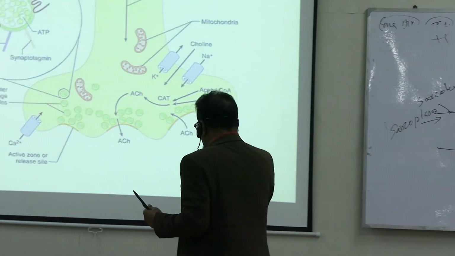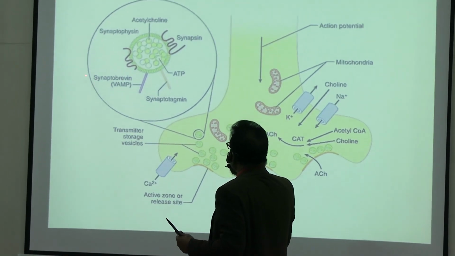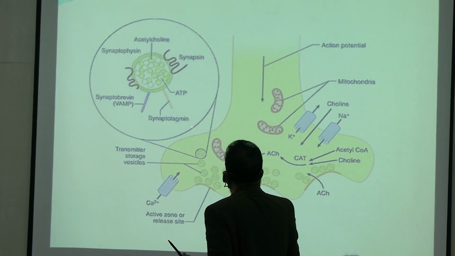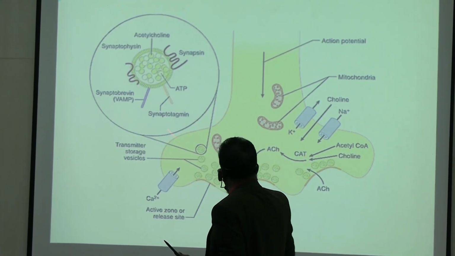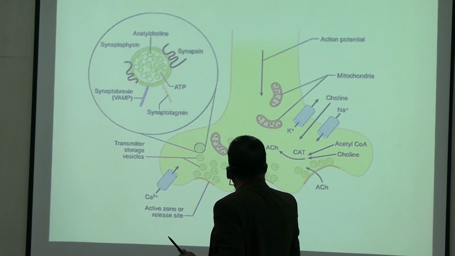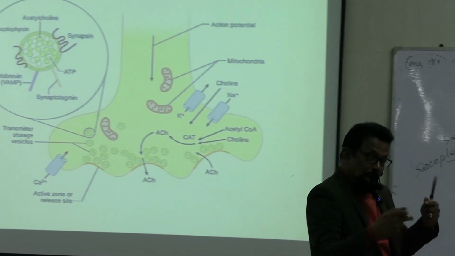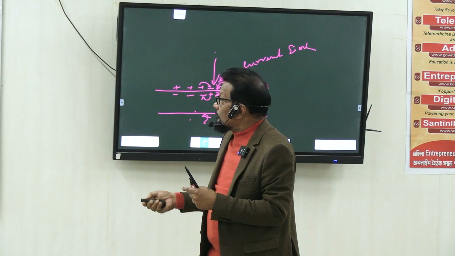And there are some other proteins, synaptophysin, synaptobrevin, synaptotagmin, and these proteins are needed for docking. With this, they will be docked here, placed there. So, for placing, these proteins are needed.